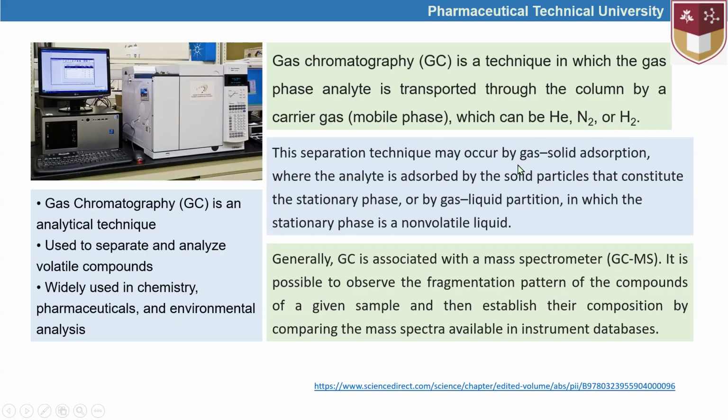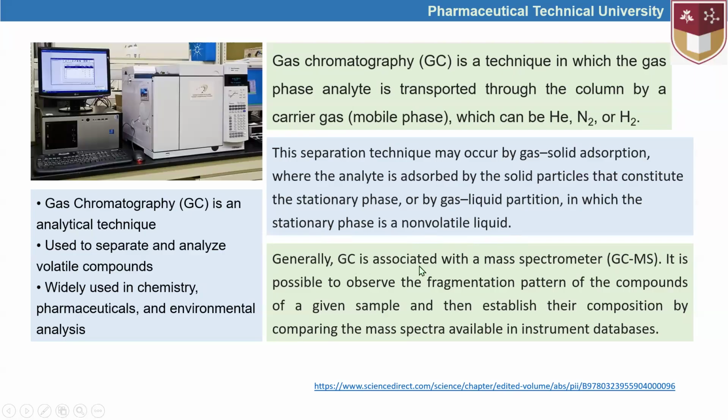The separation may occur by gas-solid adsorption, where the analyte is adsorbed by the solid particles that constitute the stationary phase, or by gas-liquid partition, in which the stationary phase is a non-volatile liquid. We will talk about these mechanisms in more detail.